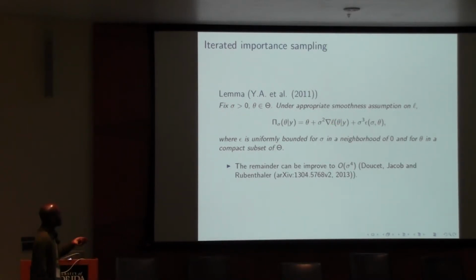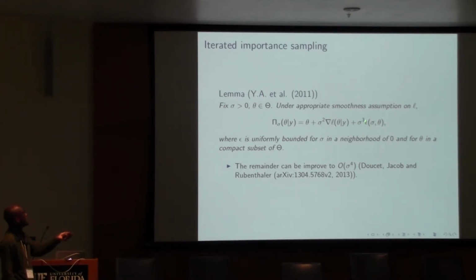What that means is that now we have a way of estimating the gradient at any particular point theta, by just taking this made-up posterior mean, subtracting the prior mean, and dividing by sigma square, and the term that follows here is all the sigma.